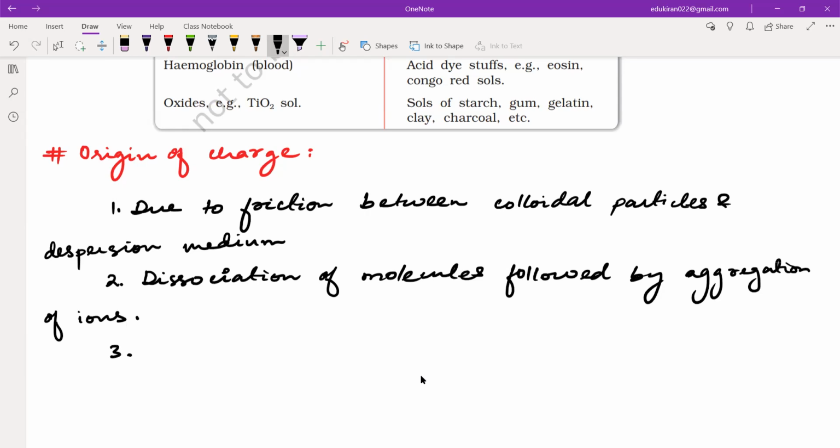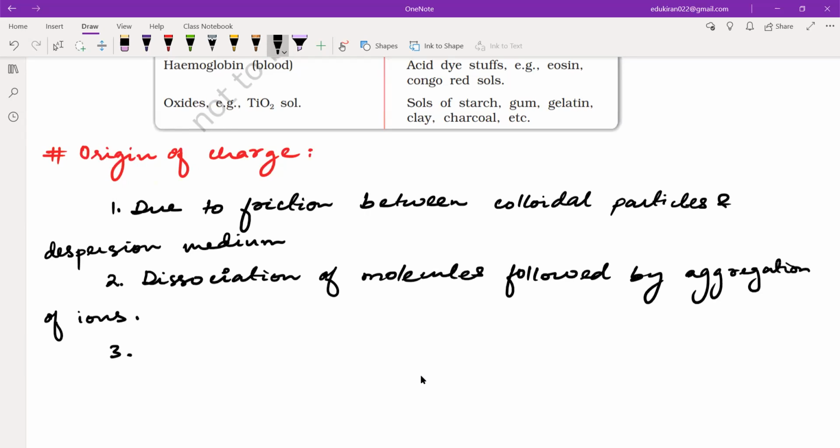Third, if you have metals, they have free electrons, and those free electrons are the reason why metals conduct electricity, show lustrous property, and also show color. So when you have free electrons, the electron can be captured when the colloid particles are dispersing around the metal.